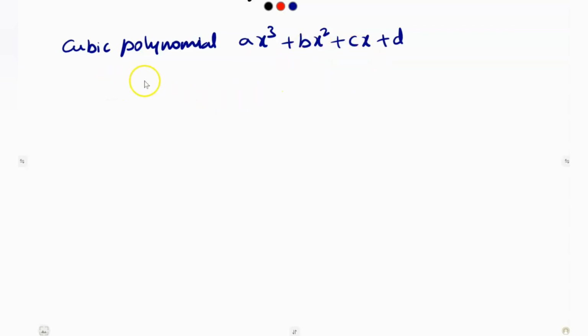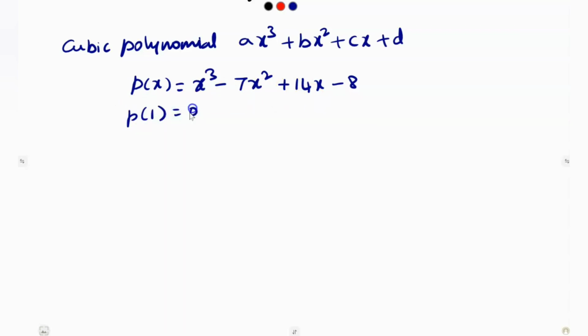So let us take an example for this cubic polynomial. Px is equal to x cube minus 7x square plus 14x minus 8. So for this cubic polynomial, if you substitute 1 in place of x, you will get 0, and if you substitute 2, you will also get 0, and if you substitute 4, it would also become 0.